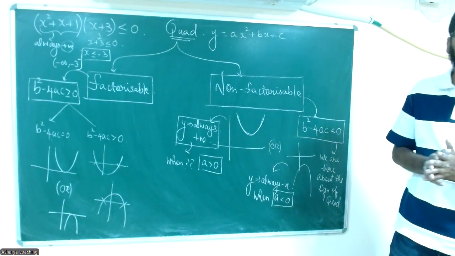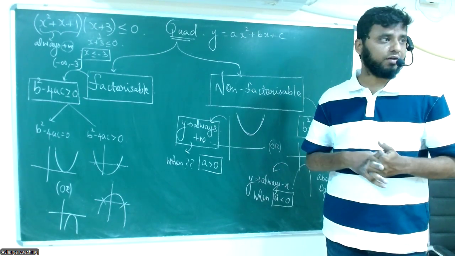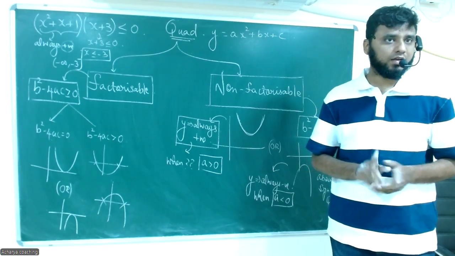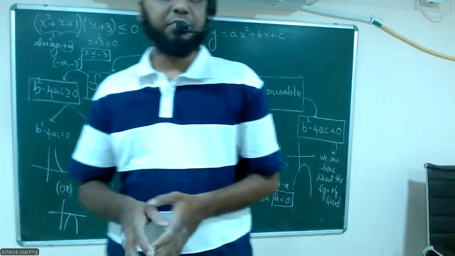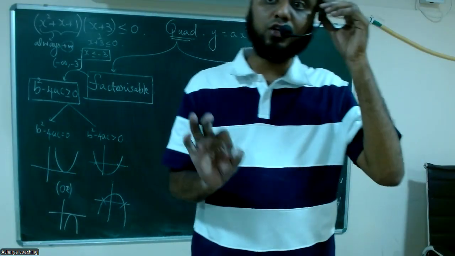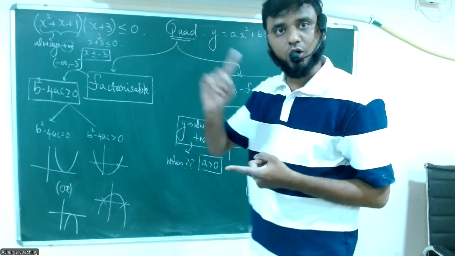If you have any doubts, you can ask. Everyone clear? If you have any doubt in this, you can ask. In an inequality, if a quadratic is present and b square minus 4ac is less than 0, we are sure about the sign of the quadratic. If the coefficient of x square is positive, then it is always positive.